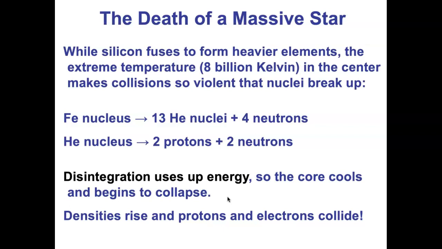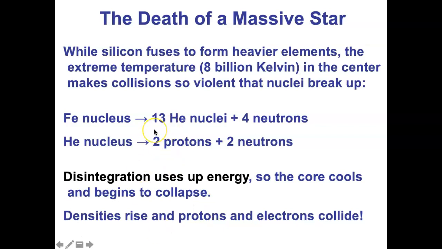The iron heats up. The iron nuclei actually start absorbing the gamma rays that are bouncing around, because this is still a black body, right? This is a dense ball of iron gas. At 8 billion Kelvin, there are a lot of gamma rays bouncing around the atoms, and those iron nuclei are going to absorb the gamma rays, and it's going to split.